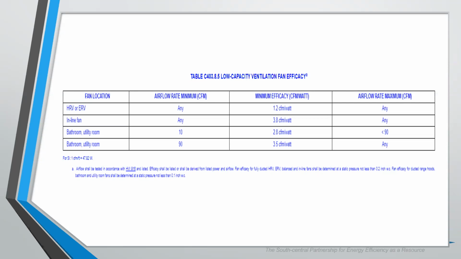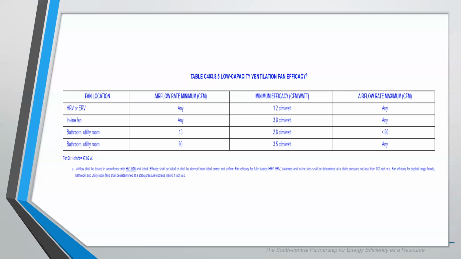This is the table that's showing that in the code. It does list ERVs, HRVs, that's part of mechanical ventilation, and inline fans, which is kind of new to the market, like 2 or 3 years ago, but they're standalone ventilation fans. If you've got exhaust-only fans, such as bathrooms or utility fans, or kitchen exhaust that are deemed part of the ventilation, it still needs to meet a minimum efficacy, which is CFM per watt.